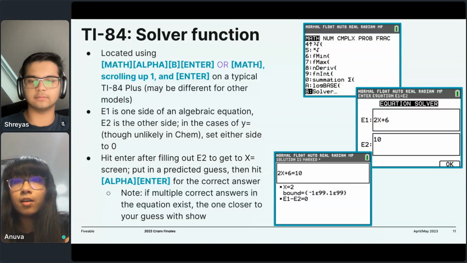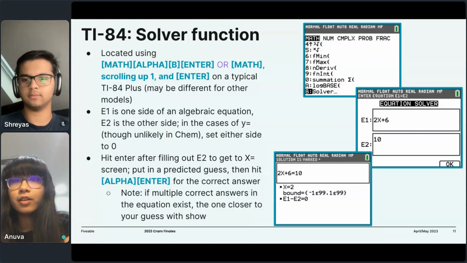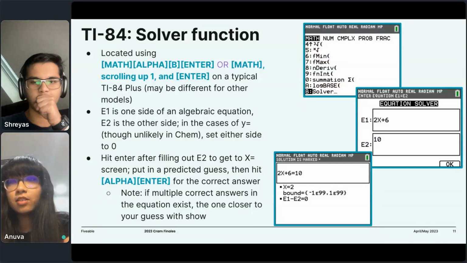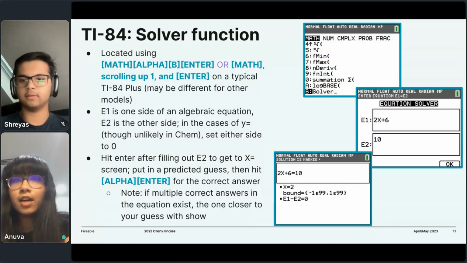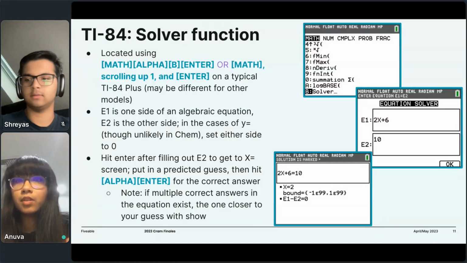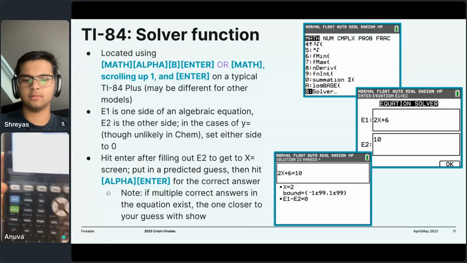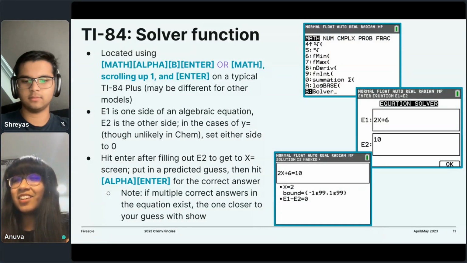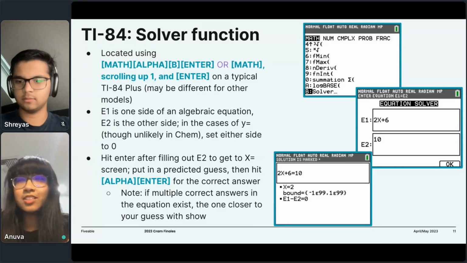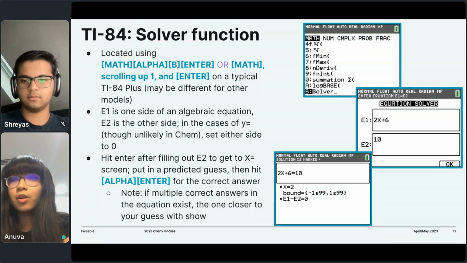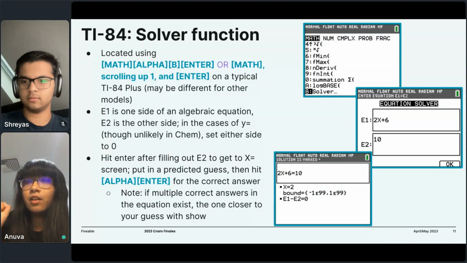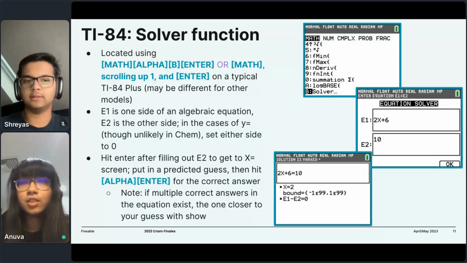Then for the third one, it should bring you to that screen, and make sure the bounds are very far apart, so you're not solving in a specific bound. Then for x, you press alpha, enter, which is solve, and then it will show up in the x value what the x value should equal.